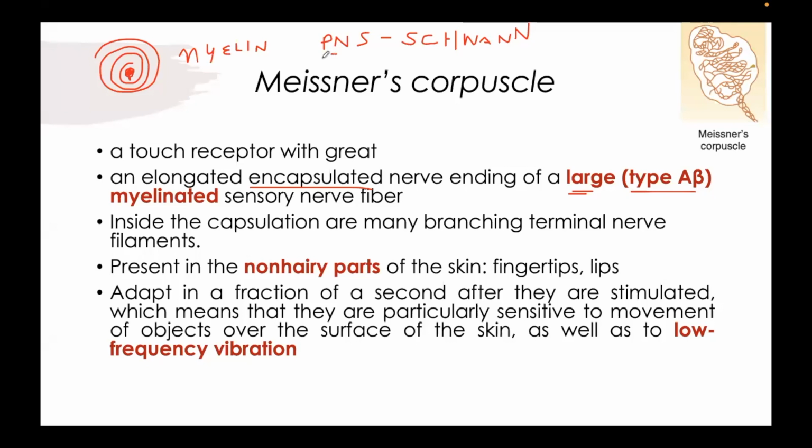Now, what about the central nervous system? What is the cell that produces the myelin sheath in the central nervous system? It is the oligodendrocytes.